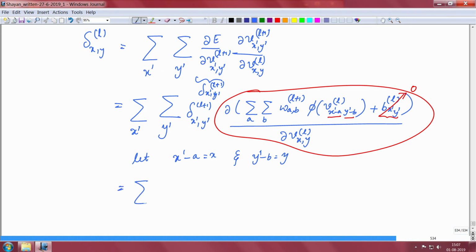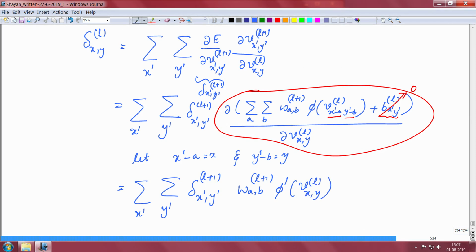So, with these conditions we can write delta x prime y prime at L plus 1th layer as w a comma b at L plus 1th layer and phi prime of v x comma y at the nth layer.